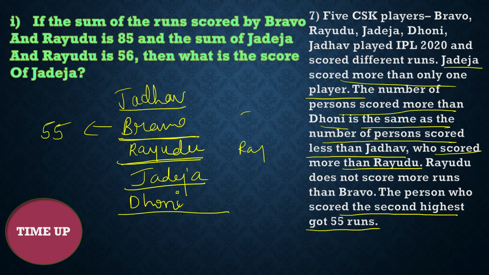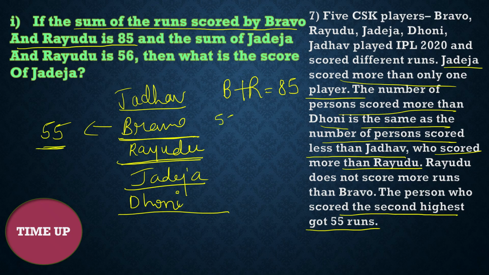Now, first question, they have said, if the sum of the runs scored by Bravo and Raidu is 85, meaning Bravo plus Raidu will be 85. We already know the run scored by Bravo, that is 55, they have given in the question.